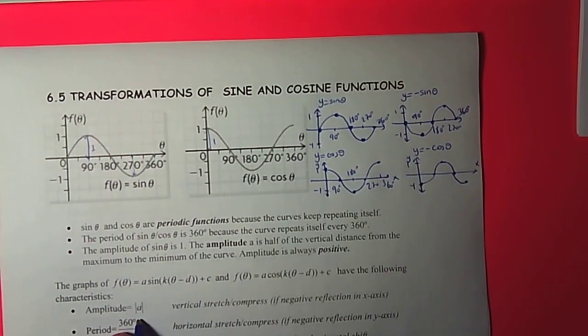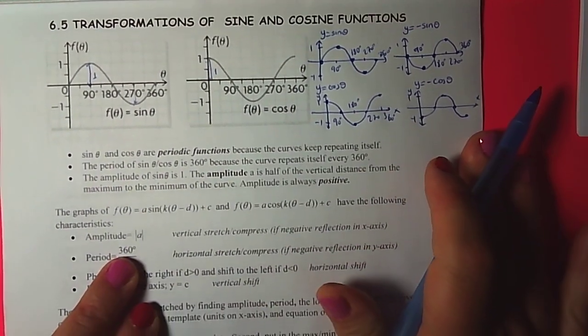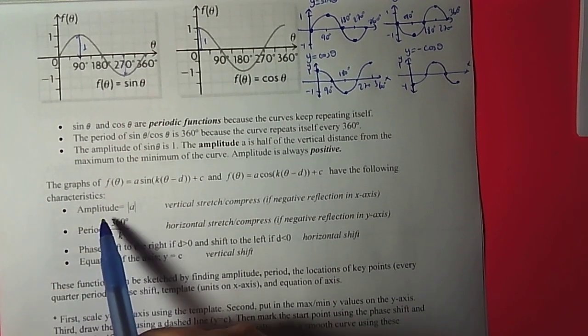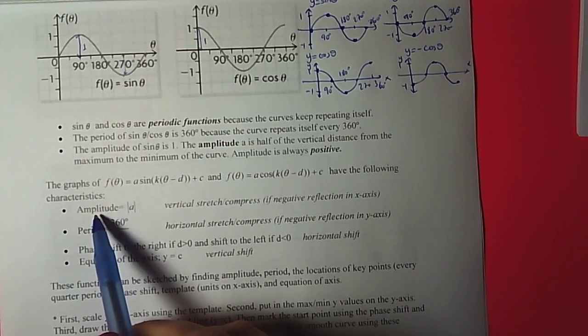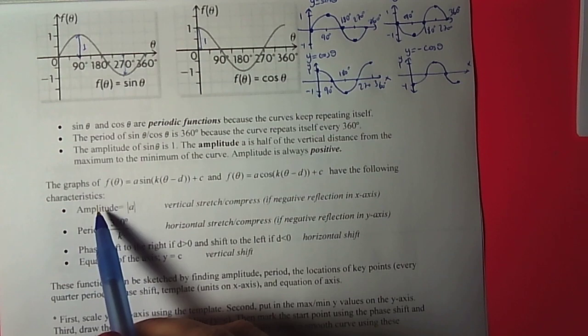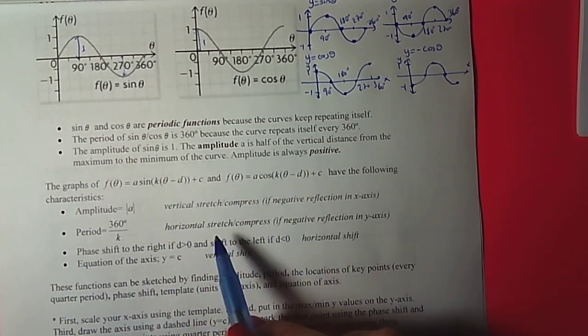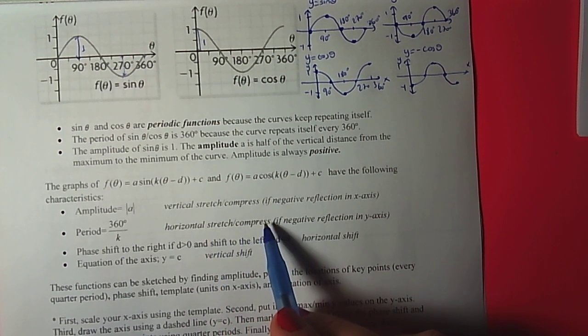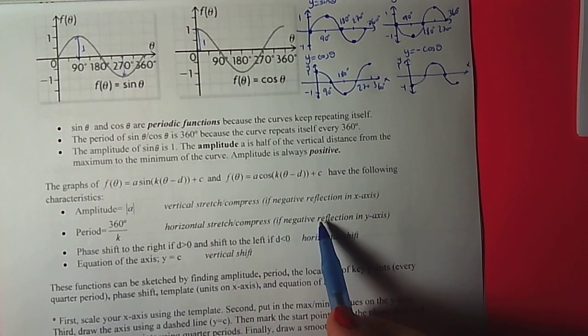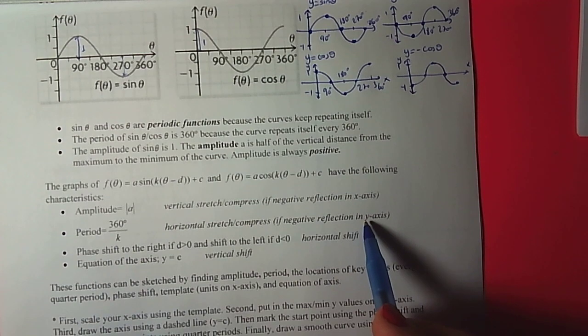Okay, so if we take the absolute value of the a value, that will give us the amplitude of the function. Okay, so k value represents horizontal stretch and compress. If it is negative, there is a reflection in y-axis.